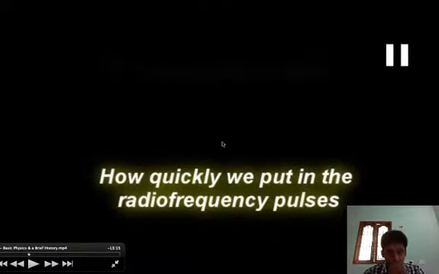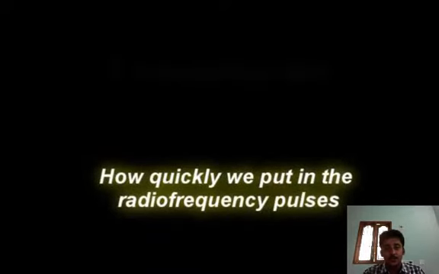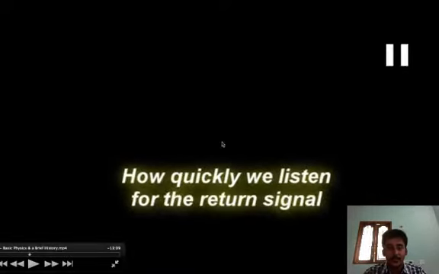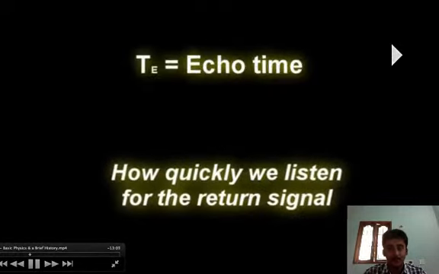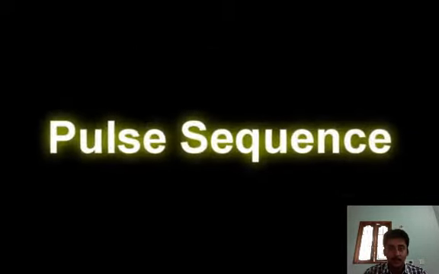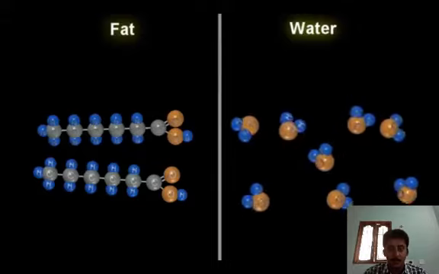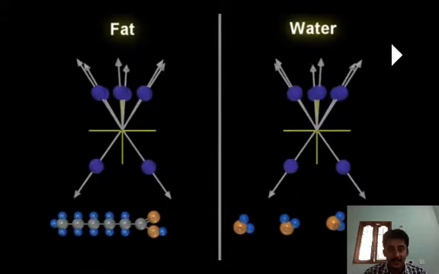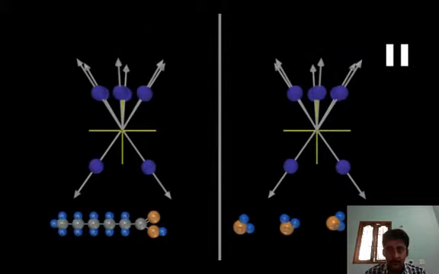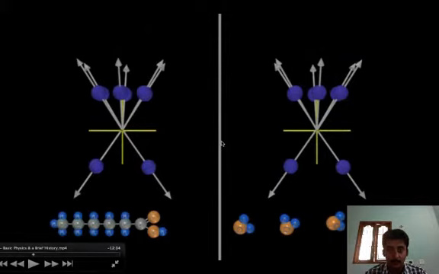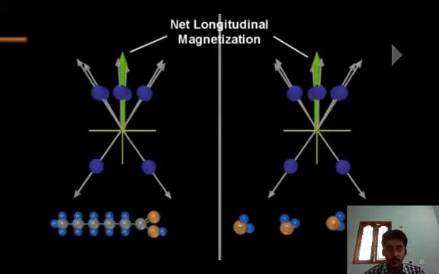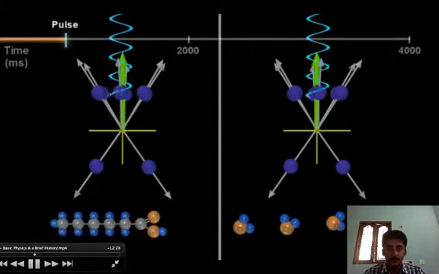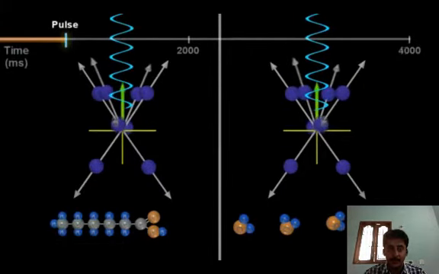So how do you accentuate the differences between tissues as well as fats based on repetition time and echo time? This is echo time, pulse sequence. These are water molecules which are loosely packed and fat molecules which are tightly packed. We have net equal magnetization, and we are applying the pulse.